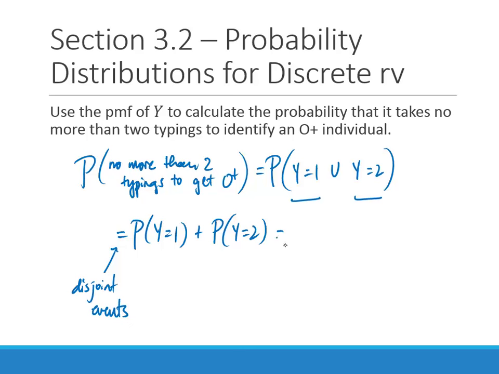And again, this is little p of 1 plus little p of 2, if you want to write it out that way, which is 0.4 plus 0.3 or 0.7.